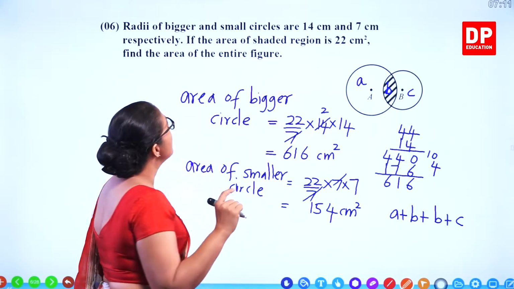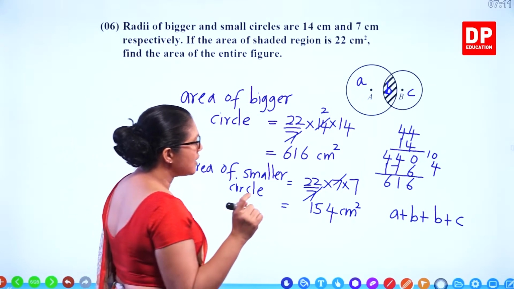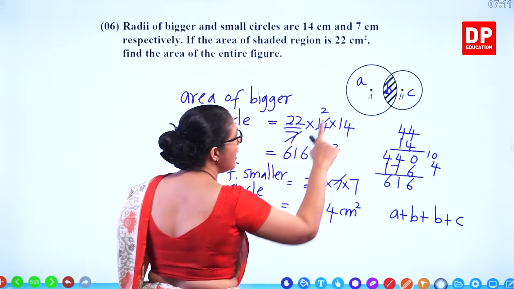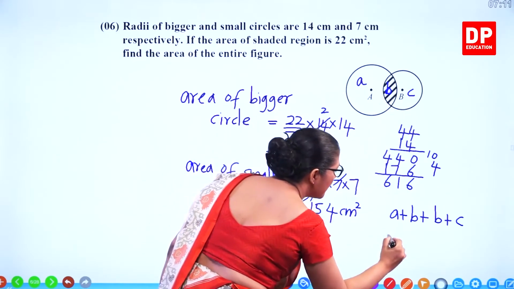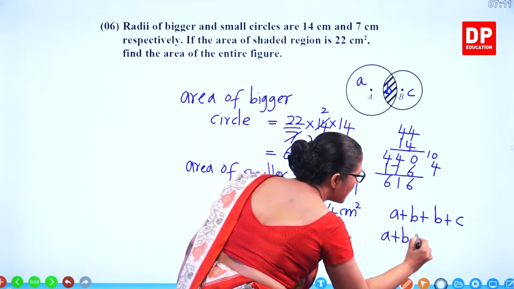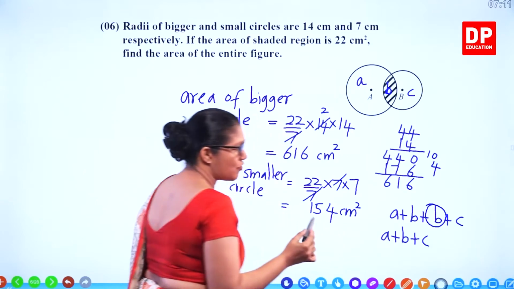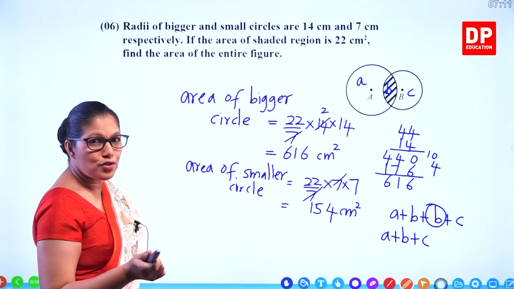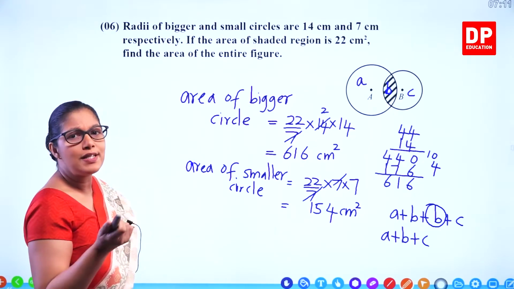B is the shaded region. That's 22. So what happens? The entire area means we need A plus B plus C. So what is extra then? 1B is extra. So that means you add the areas of the two circles and then subtract the shaded region.